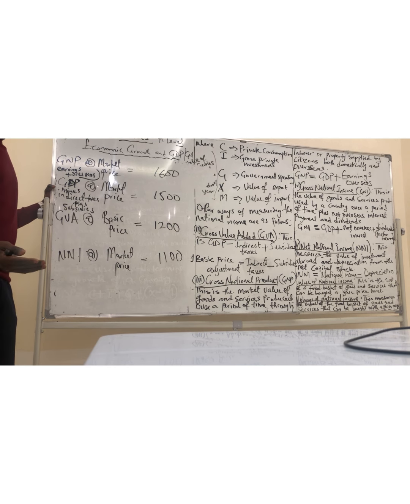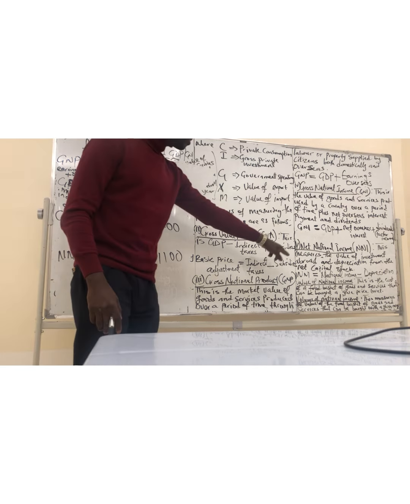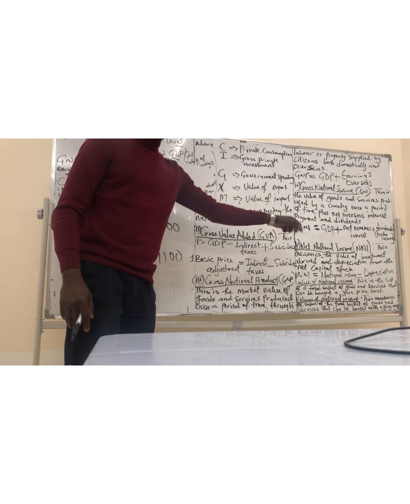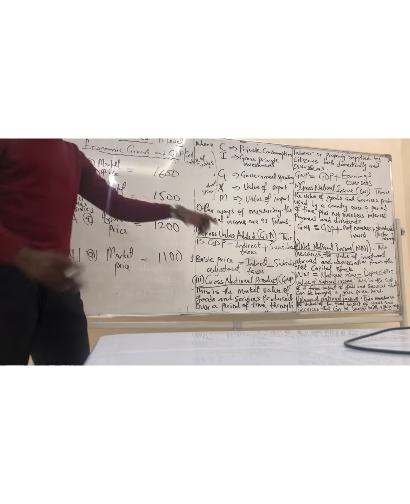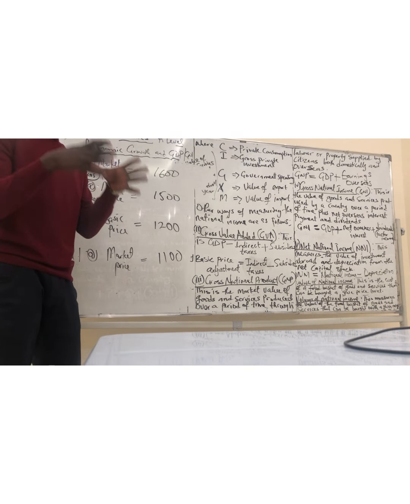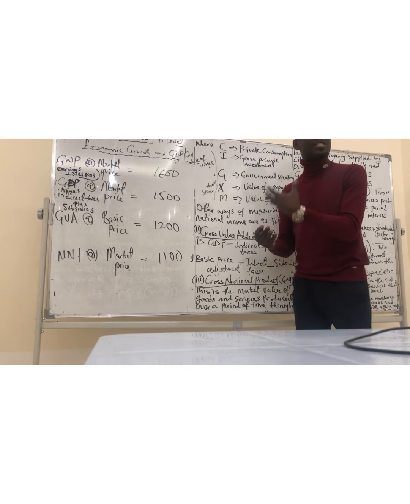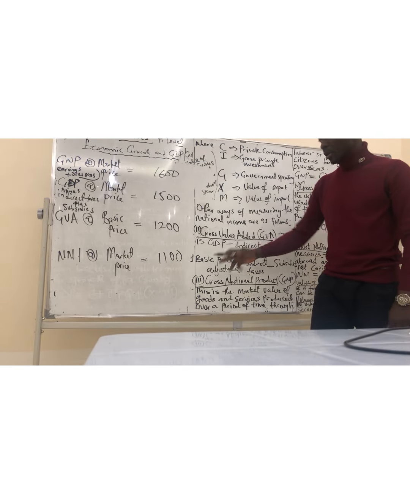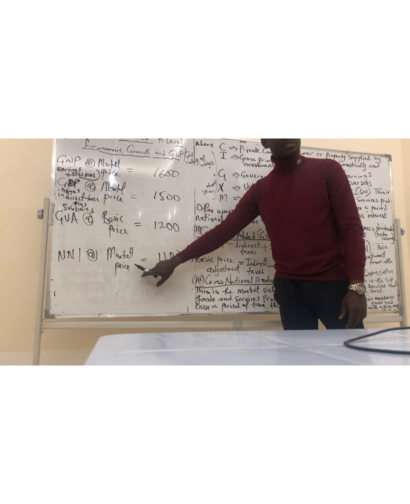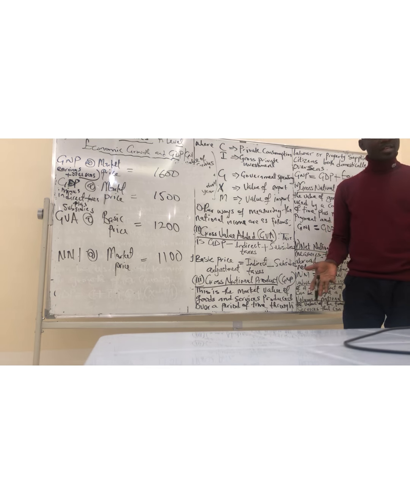Is it clear, please? Then for your net national income, your NNI, what did I say? National income minus your depreciation. So the value of all your national assets will depreciate. It will start depreciating. So when you take it away, that's the market price. So your NNI is always at the bottom of the chart. Is it clear?